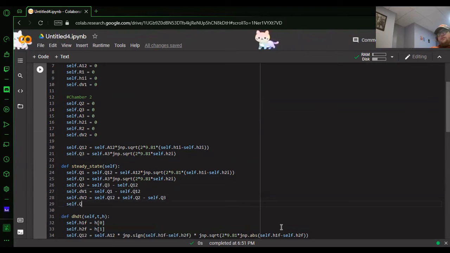So self.q1t is equal to lambda, which is just a fancy way of saying function, of variable t.